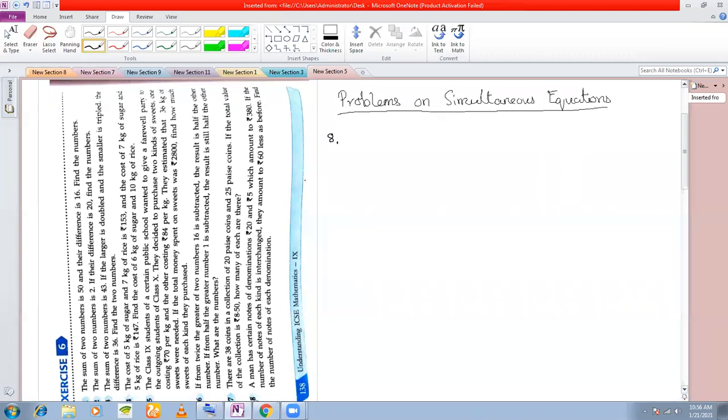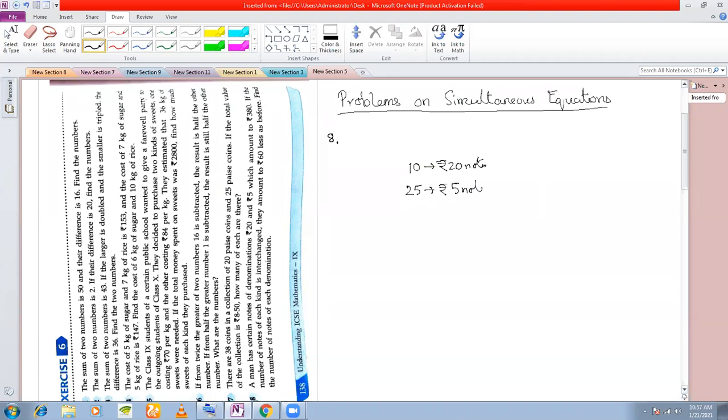If the number of notes of each kind is interchanged, that is, suppose he has 15 5 rupee notes, suppose he has 10 20 rupee notes, and suppose he has 25 5 rupee notes.